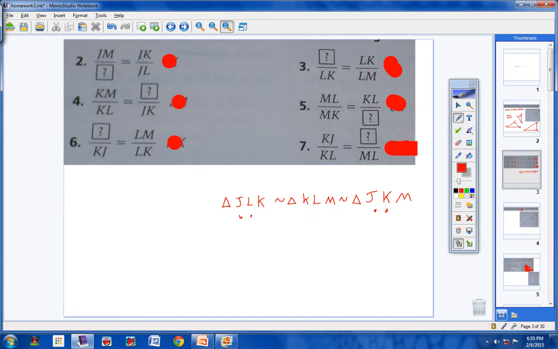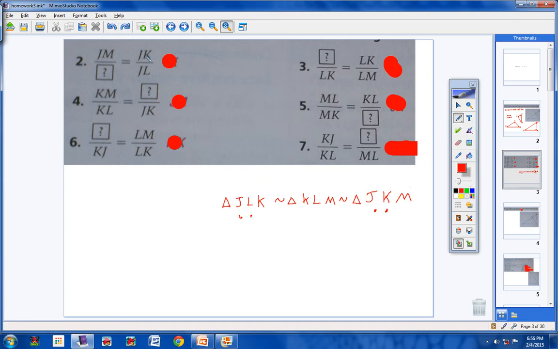So we have JK over JL. So JK over JL equals, then what do they have? JM. So JK over JL equals JM here and here over JK. I'm going to go over that one more time. Let's be careful.